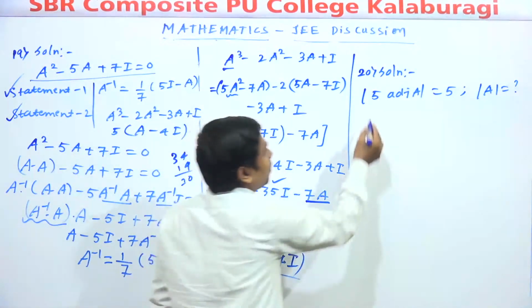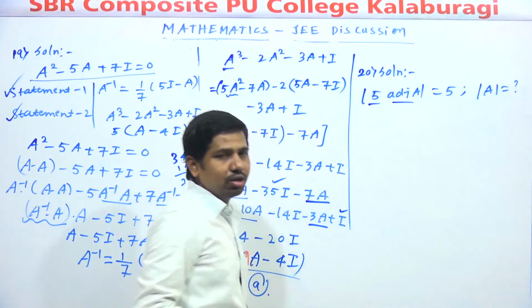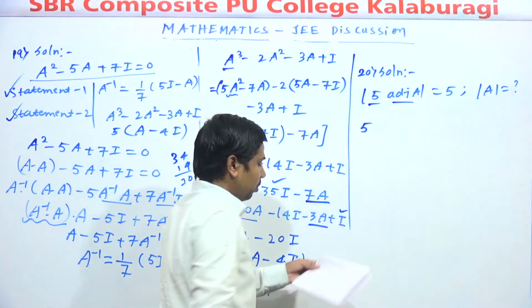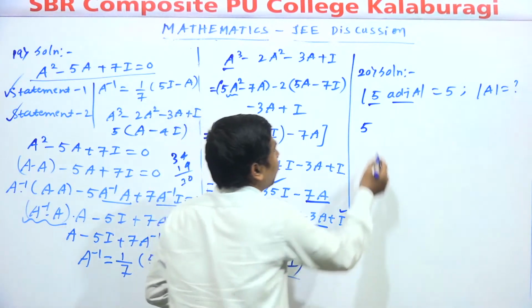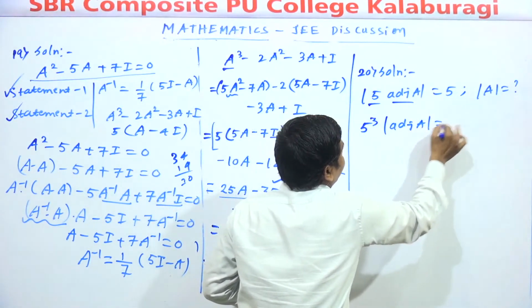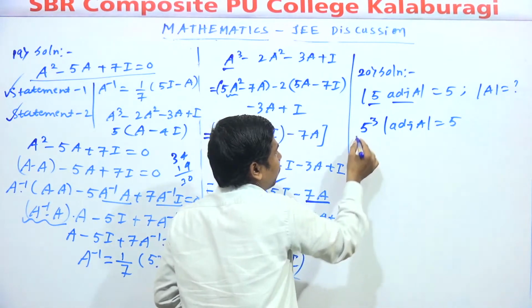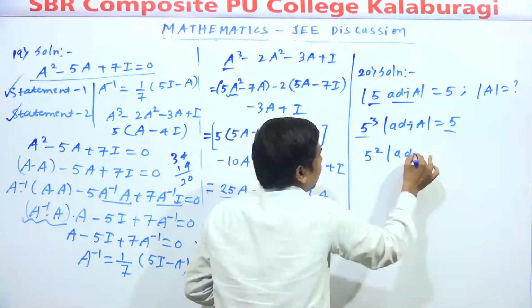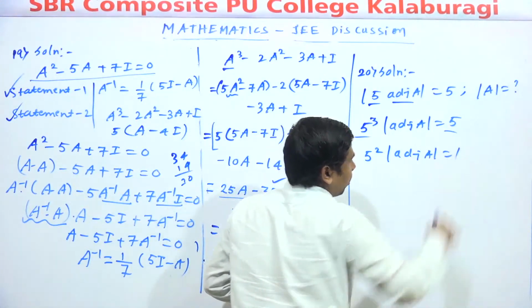We know that determinant of K into A is K raised to n times determinant of A. What is n here? It is a 3 by 3 matrix, so 5 cubed into determinant of adjoint of A is equal to 5. So 5 cubed, what is left out here? 5 squared into determinant of adjoint of A is equal to 1.